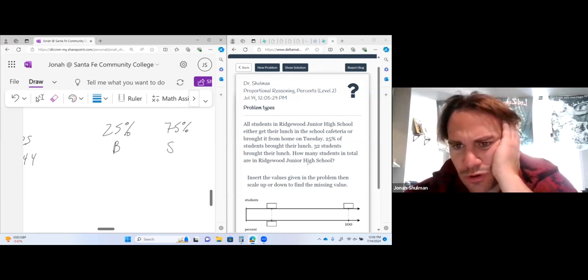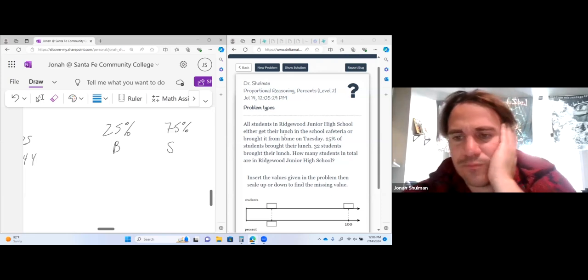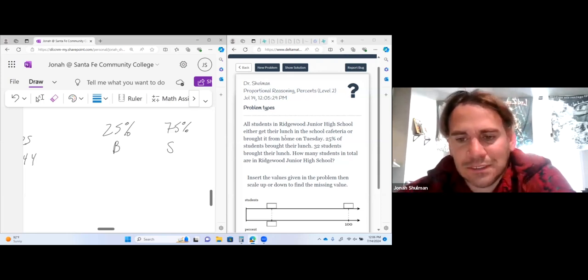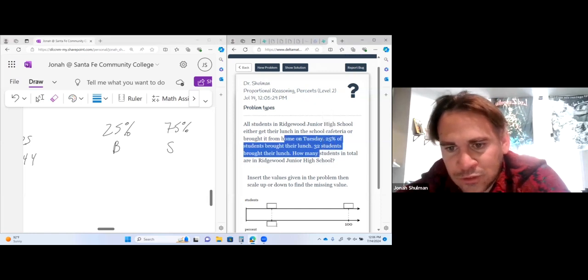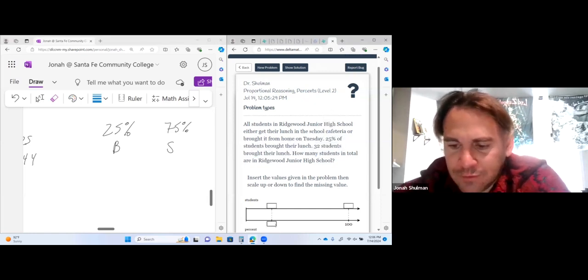How many students in total are there at Ridgewood Junior High School? So 32 brought their lunch. So this just means there's your 25%, right?